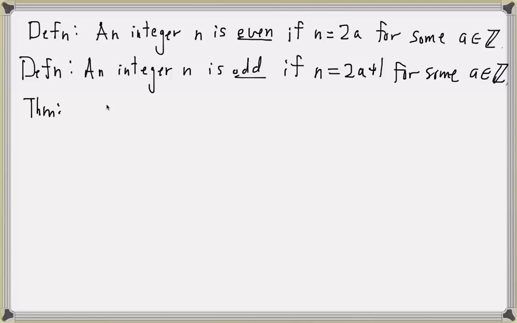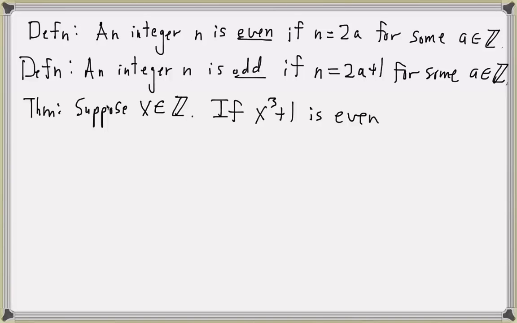Suppose x is an integer. Then if x cubed plus 1 is even, then x is odd.